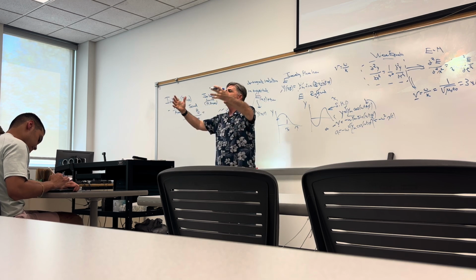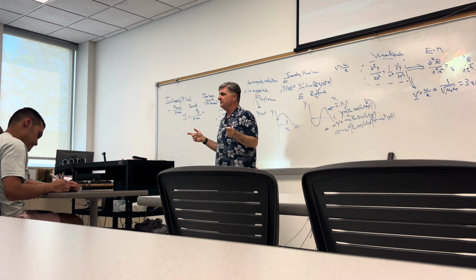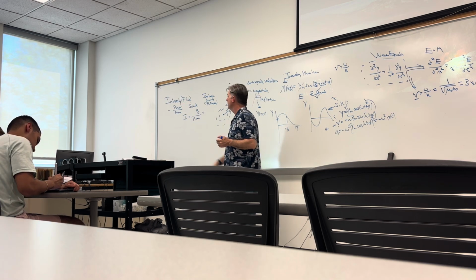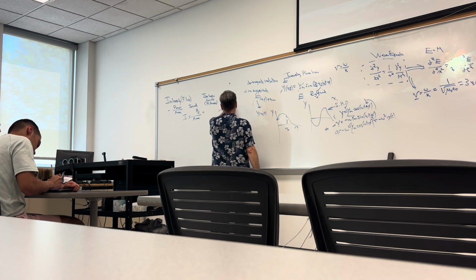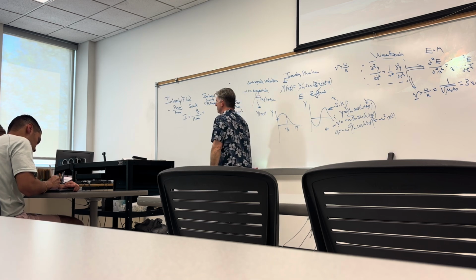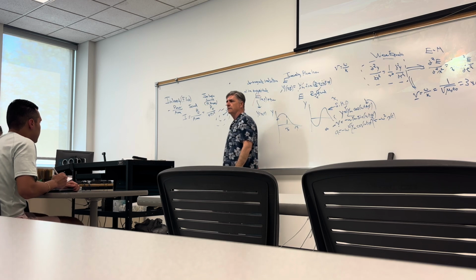And that power has to spread out to cover all that. So that surface area is 4 pi r squared. So the power of the source divided by 4 pi r squared should give you the intensity.